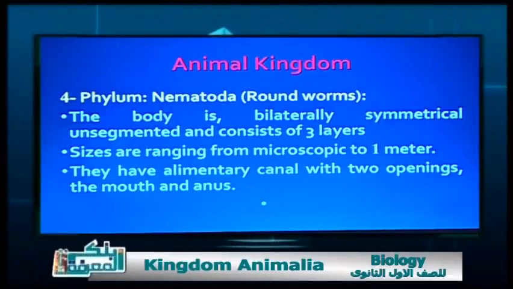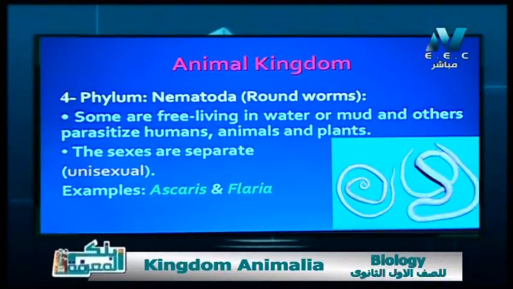They have an alimentary canal with 2 openings, the mouth and the anus. As you see in this picture, there is an example of a cylindrical worm or roundworm, that is Ascaris, and as you see, there is male and female, so they are unisexual, and they are parasites.